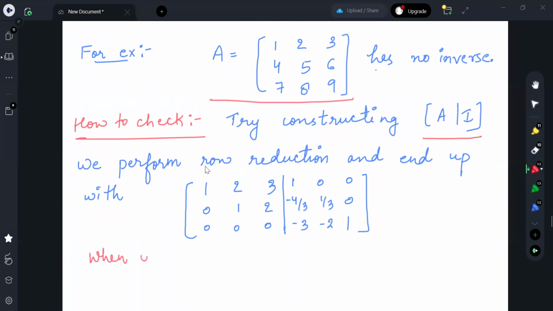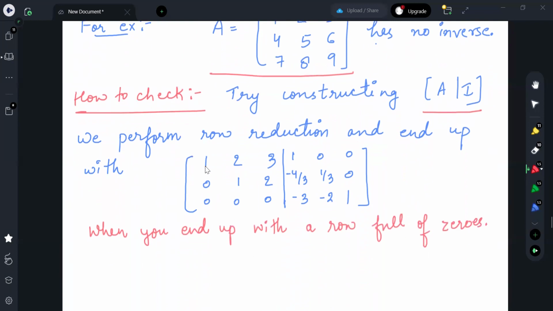When you end up with a row full of zeros, right? What happens? There is no way you can make this matrix an identity matrix.